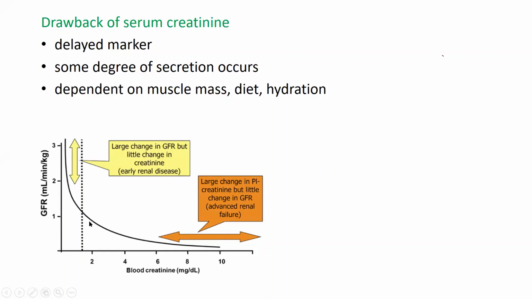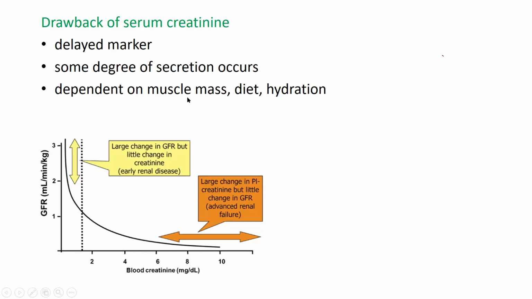Creatinine starts rising only when your GFR has dropped more than 50% from its baseline. So creatinine is a delayed marker. It doesn't quickly go up when there's kidney damage. It has a bit of a lag time before it starts increasing. So it's not an early marker of kidney problems, and that is one of the drawbacks.